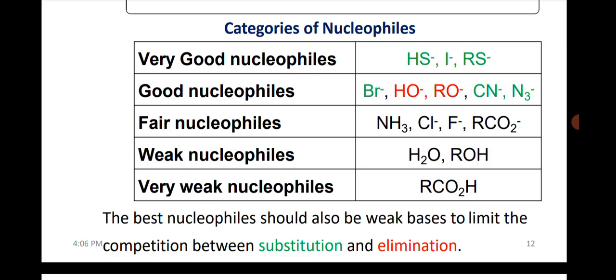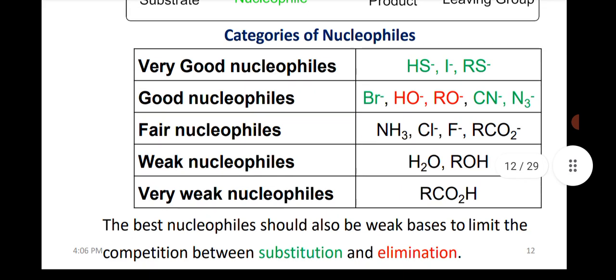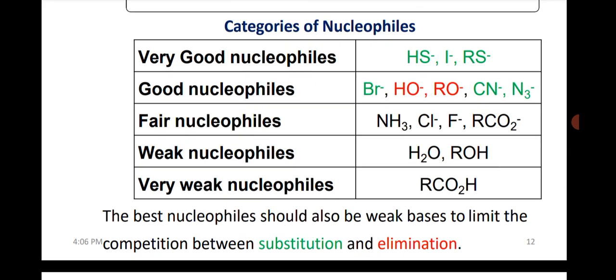And the very good nucleophiles are HS negative, I negative, and RS negative. They are thio compounds, that is, compounds which contain an S atom are called thio compounds. Iodine is the best because of its large size and high polarizability.